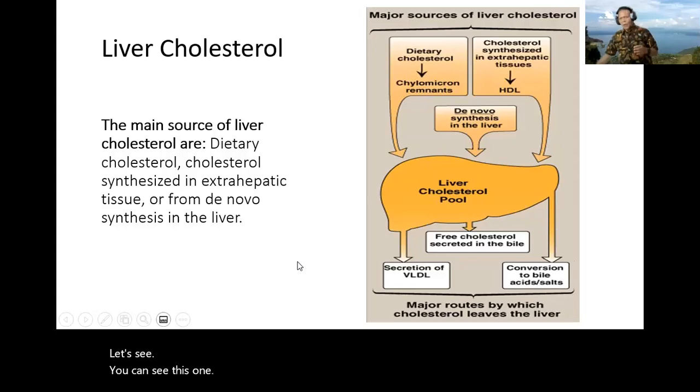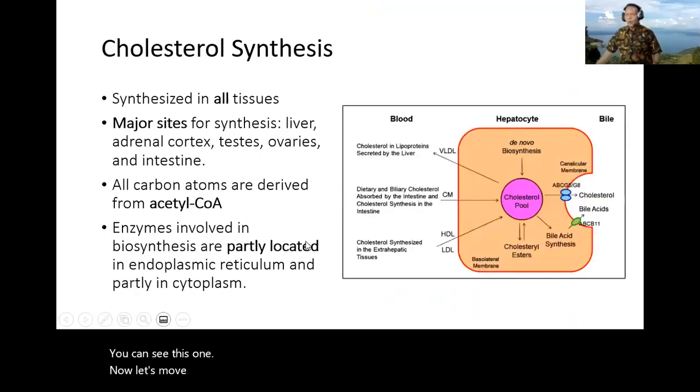Now let's move to cholesterol synthesis. Cholesterol is synthesized in all tissues. The major sites for synthesis are the liver, adrenal cortex, testis, ovary, and intestine.